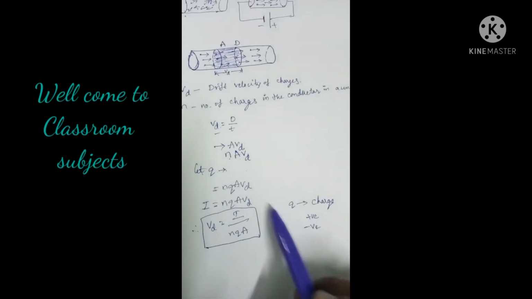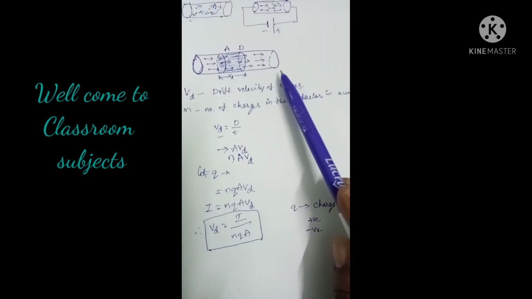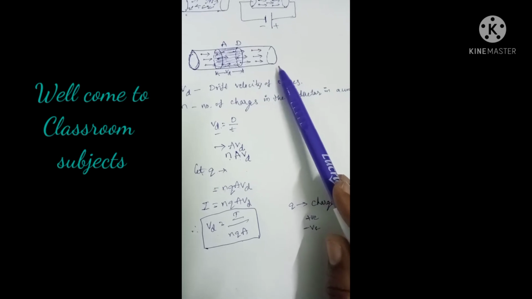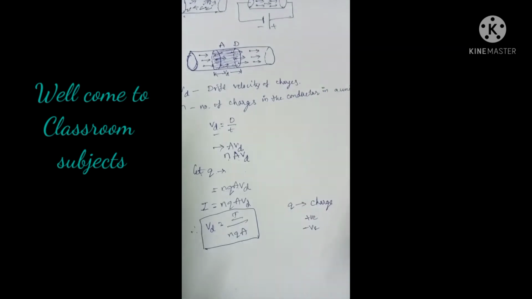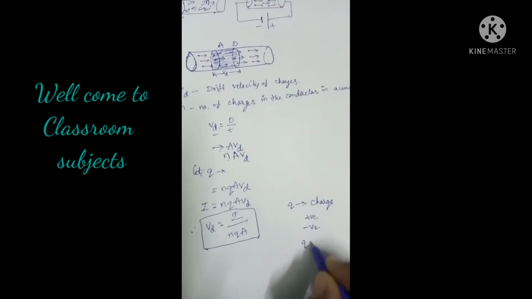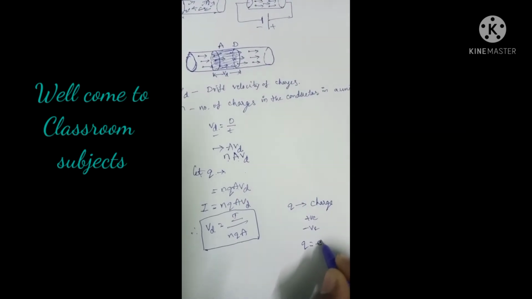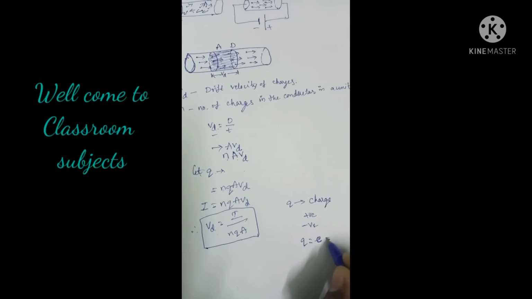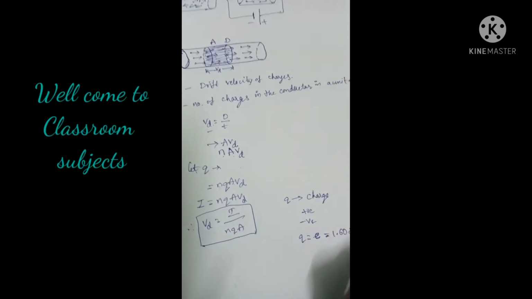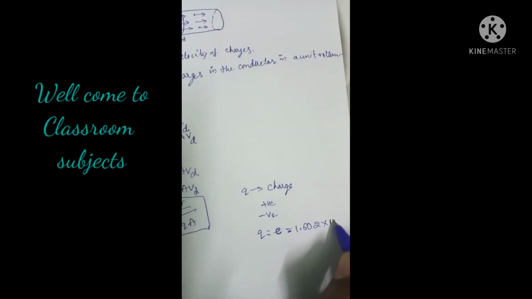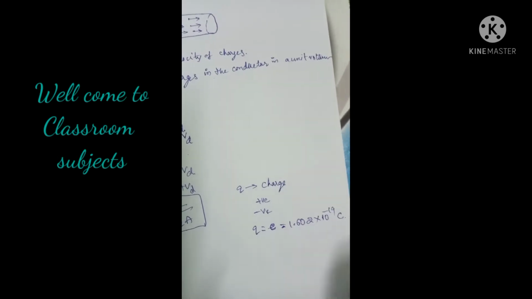In the conductor, charge carriers are electrons. Then the value of Q is equal to e, and the magnitude of e is 1.602 into 10 to the power of minus 19 coulombs.